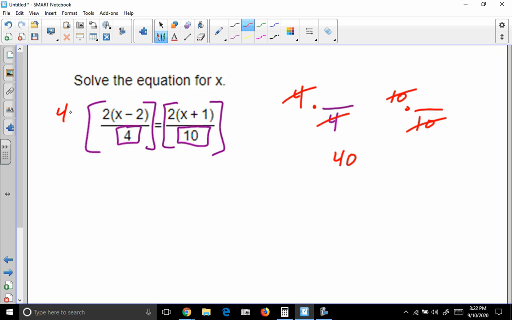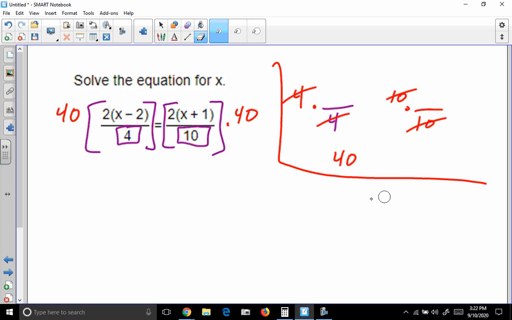So we could multiply the left side times 40 and the right side times 40. Now, it turns out there's also a smaller number that we could use. It's a number that 4 would go into and that 10 would also go into, and that number is 20. 4 goes into 20, 10 goes into 20, so we could use that as well, but we'll just use 40.